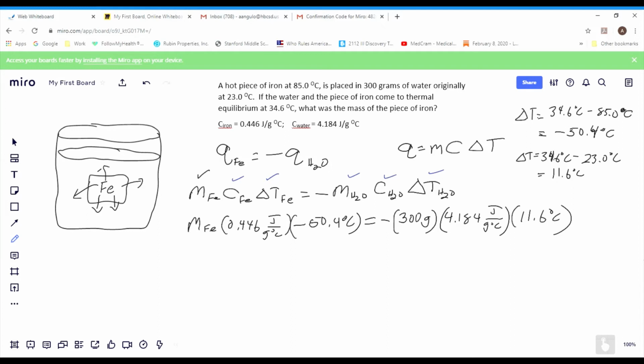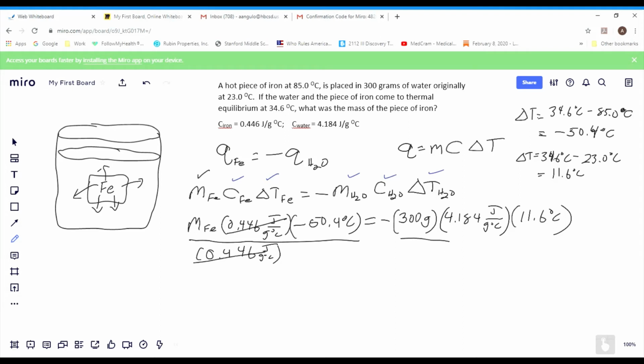And so let's solve for what the mass of the iron is. In order to get the mass of Fe by itself, we're just going to divide through by the ones we want to get rid of on the left side, 0.44 joules per gram degrees Celsius. So these cancel.